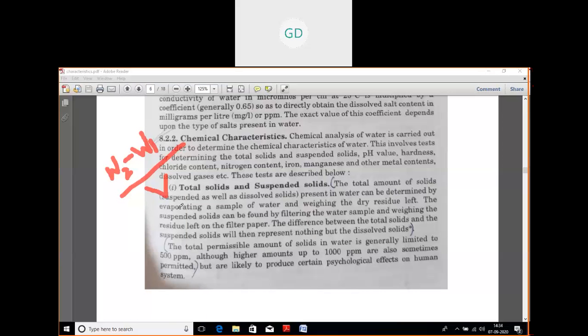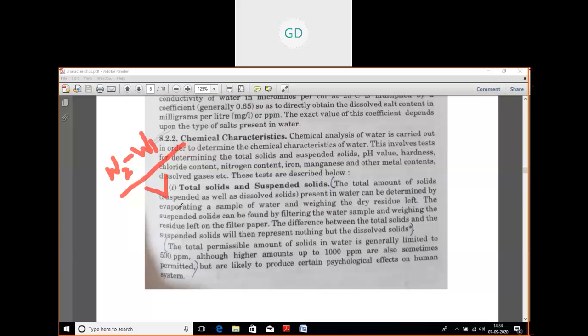And for your suspended solids, how is it found? You have to take a filter paper that has very small pores, so that it can retain your suspended solids. You take a dry filter paper and weigh it. Suppose the weight is W1. Then you pour V mL of water through that filter paper and let it dry, in an incubator at 105 to 110 degrees Celsius, or else you can keep it for 24 hours.